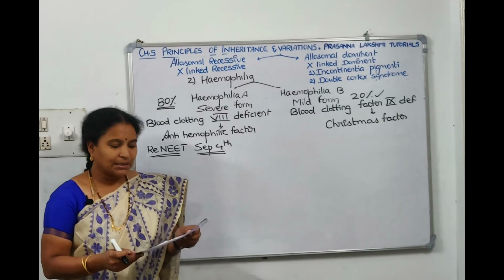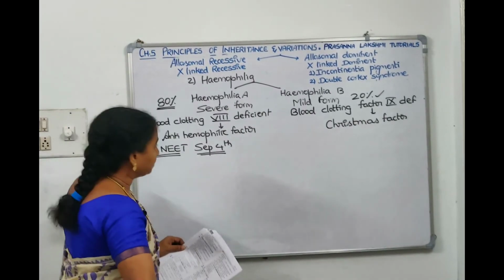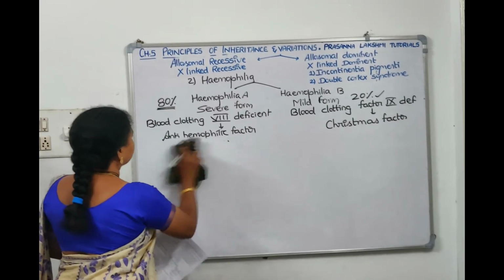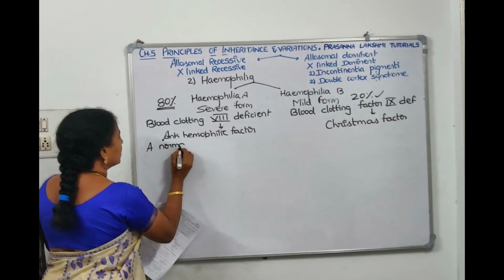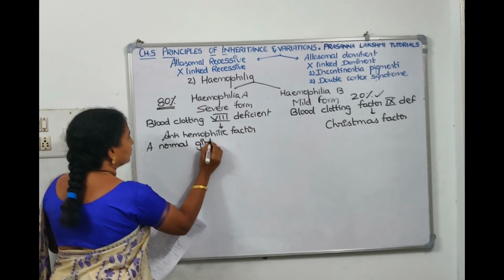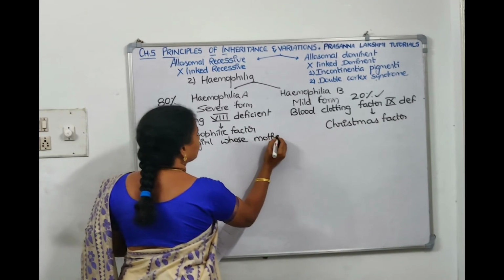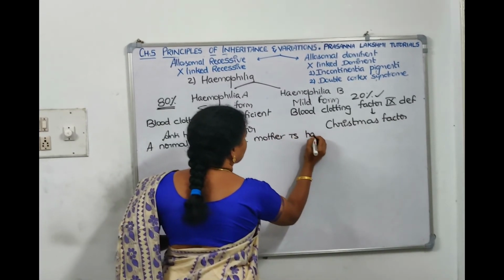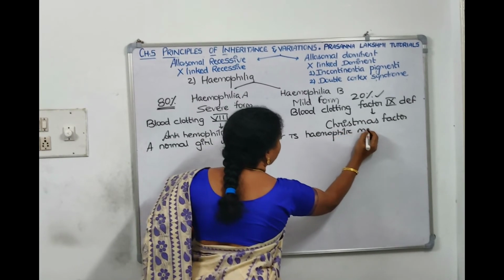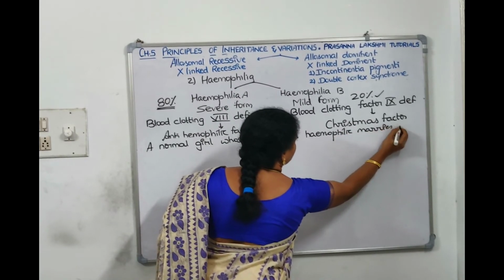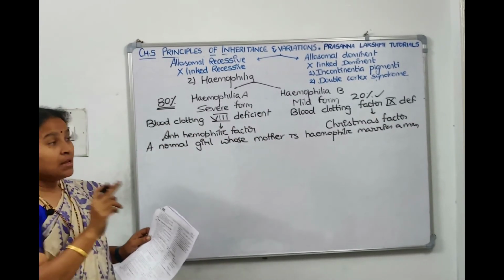A normal girl whose mother is hemophilic marries a man who doesn't have a hemophilic history.